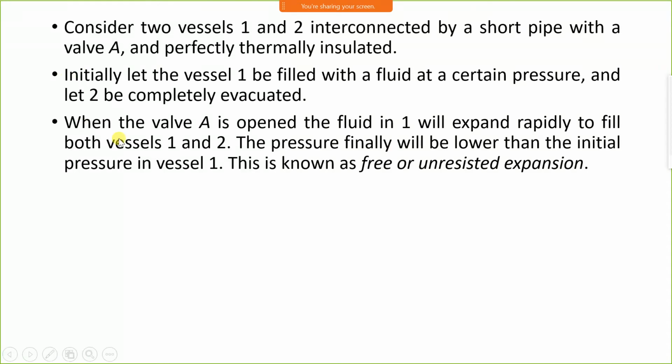When the wall A is opened, the fluid in 1 will expand rapidly to fill both vessel 1 and 2. The pressure finally will be lower than the initial pressure in vessel 1. This is known as a free or unrestricted expansion.